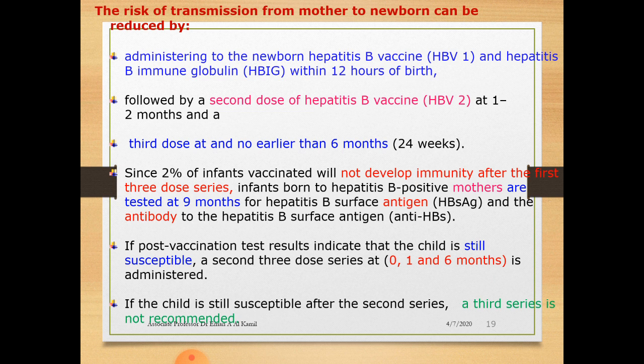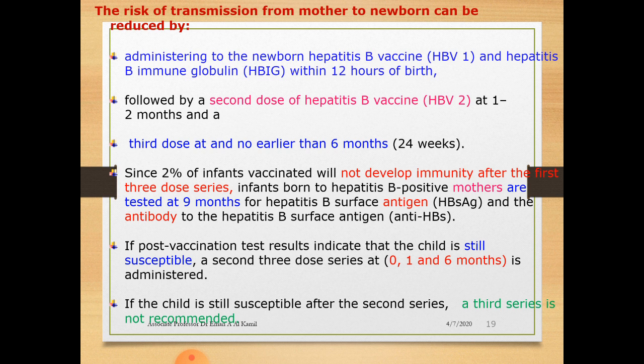Then it is followed by a second dose of hepatitis B vaccine 1 or 2 months after the first dose. Then a third dose should be given not after 6 months. So within the first 6 months of life, he should have 3 doses.